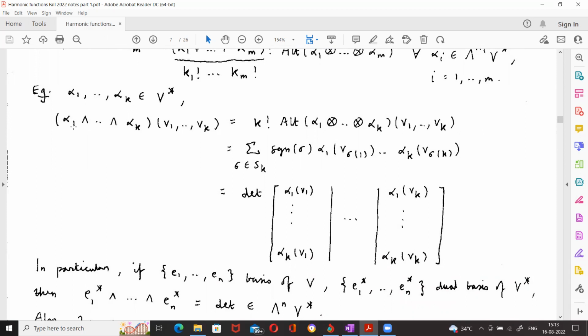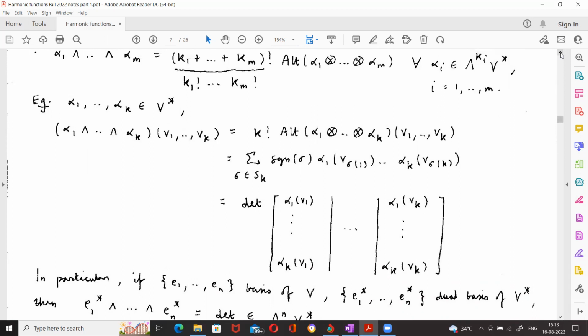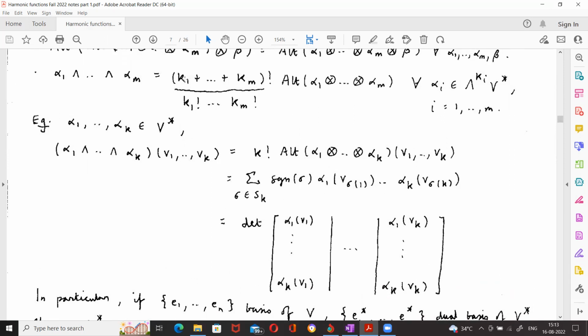So what is alpha 1 wedge alpha k acting on vectors v1 to vk? By the formula above, this is going to be 1 plus 1 plus 1, k times, the whole thing factorial divided by 1 factorial up to 1 factorial. So this is going to give me k factorial into alt of alpha 1 tensor alpha k, the whole thing applied to v1 to vk.